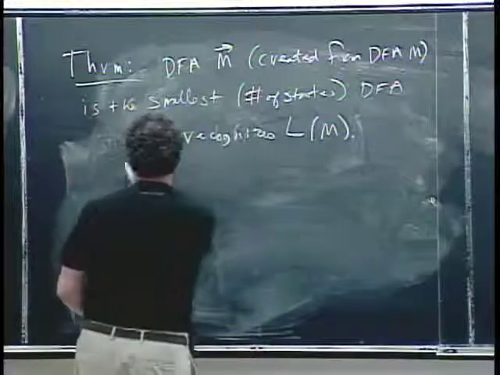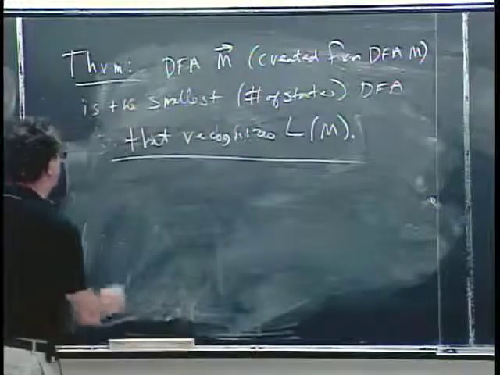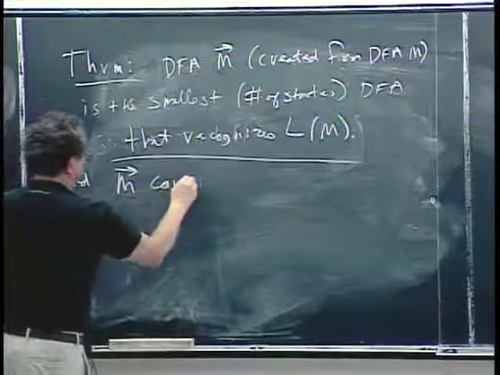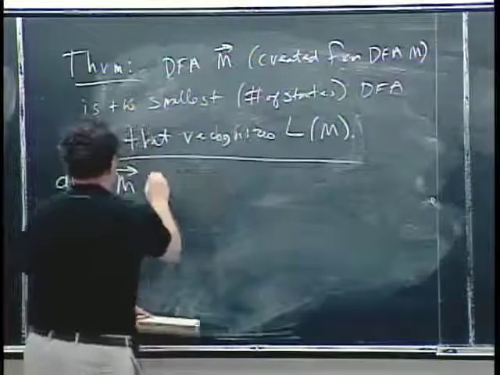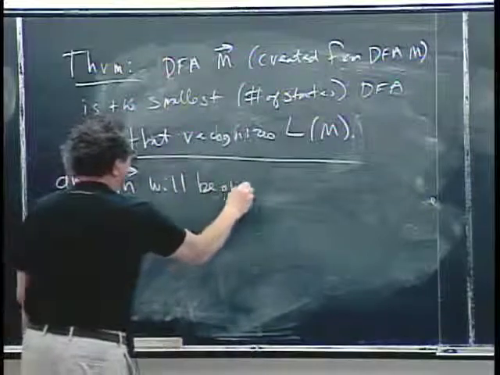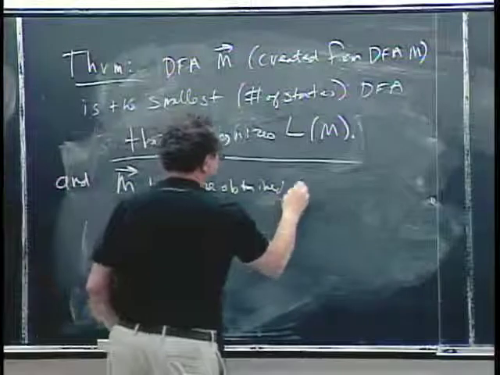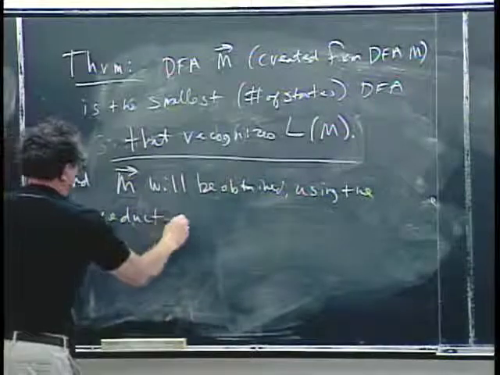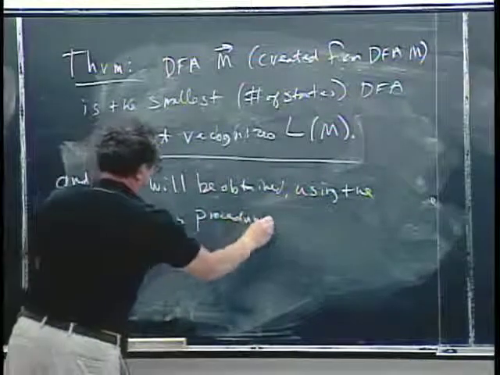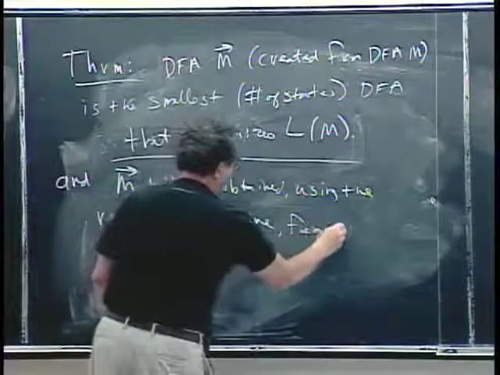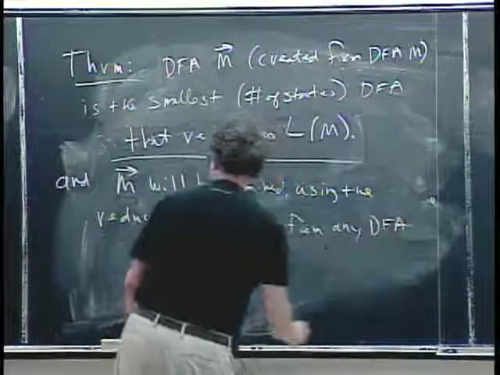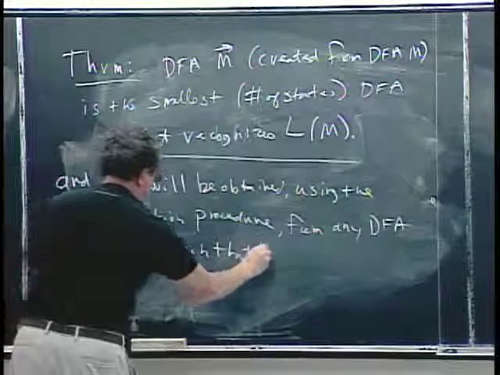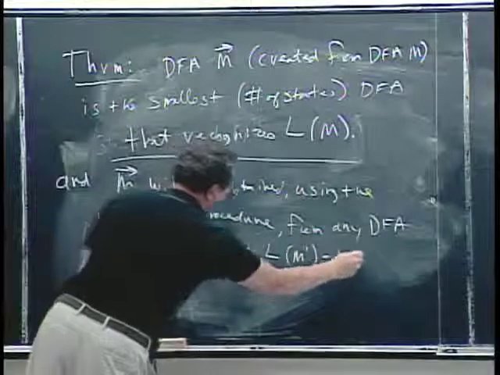And strengthening this a little bit, M tilde can be or will be obtained using the reduction procedure from any DFA M prime such that L(M prime) equals L(M).